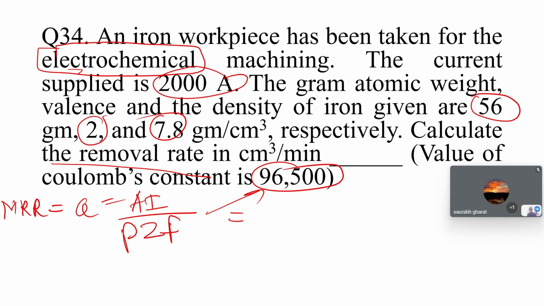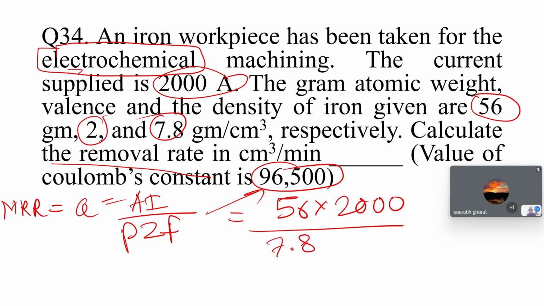So what will you put? You have your atomic weight, which is 56. 56 into 1000, 2000 ampere, and your density is 7.8, into 2, into Coulomb's constant, that is 96500.